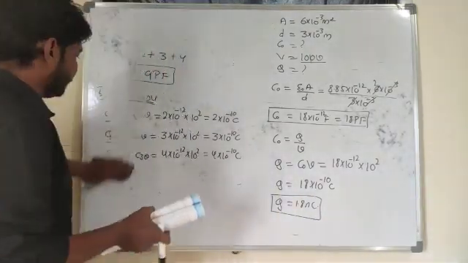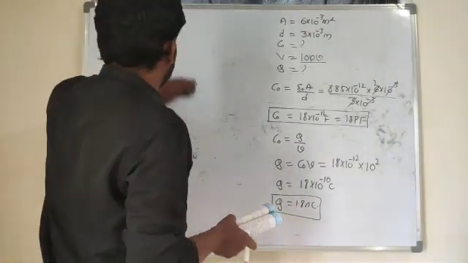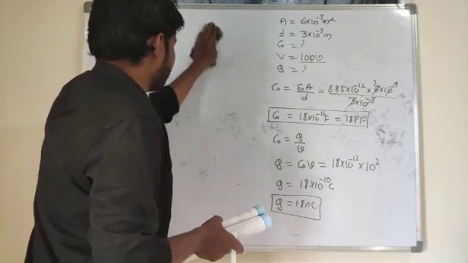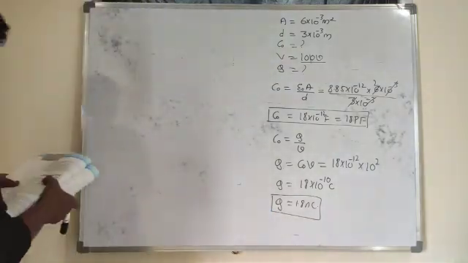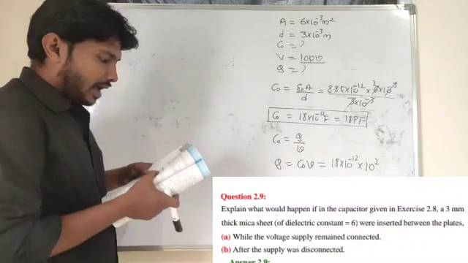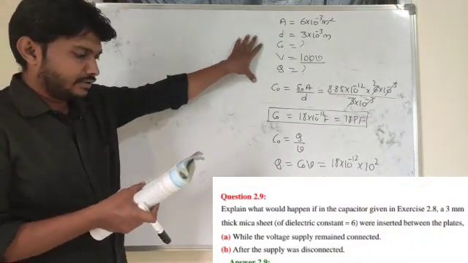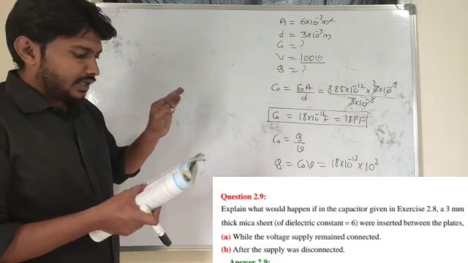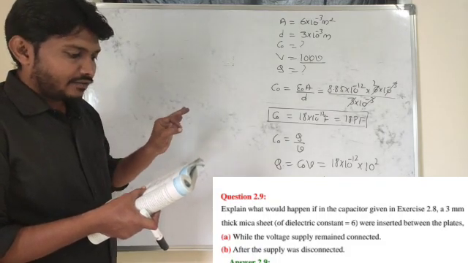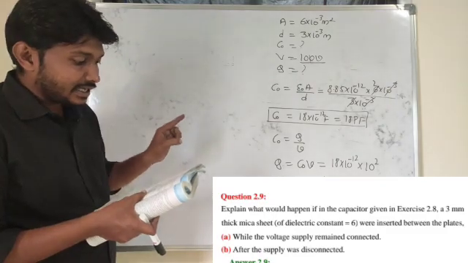So the next question is a continuation of this one. Explain what would happen if the capacitor is given in exercise 2.8. So in that previous question, a 3 millimeter thick mica sheet of dielectric constant 6 is inserted between the plates.